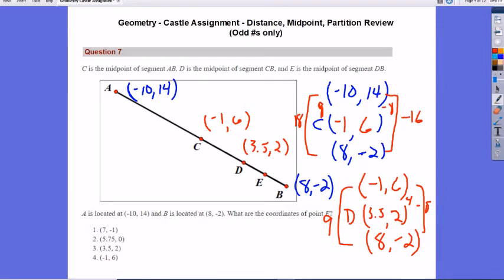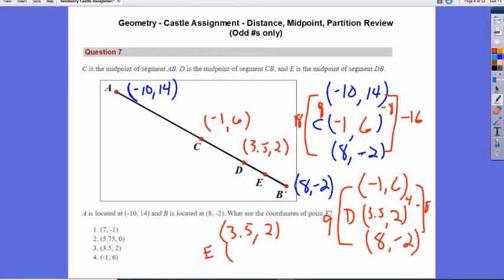All right, and then E would be halfway between D and B. So we got 3.5, comma 2, midpoint E, and then B is at 8, negative 2. So that's, excuse me, up 4.5.